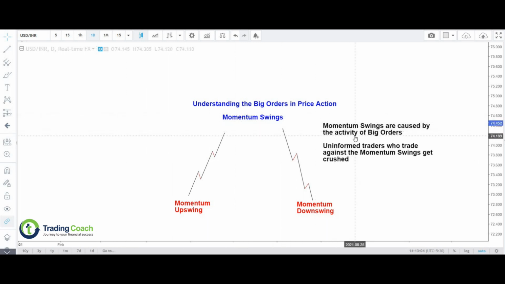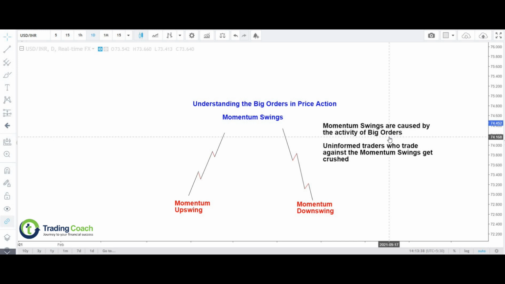Here is an important point that you need to consider. Momentum swings, as I pointed out before, are caused by the activity of big orders. Whenever big players try to buy or sell shares or any particular assets, they are not going to reveal their trading activity.